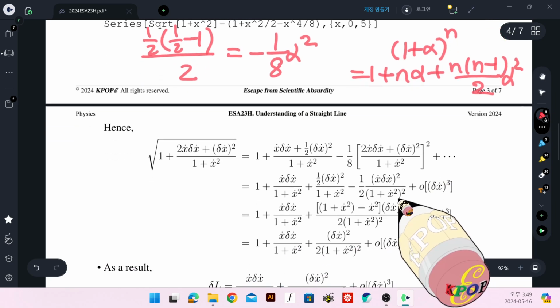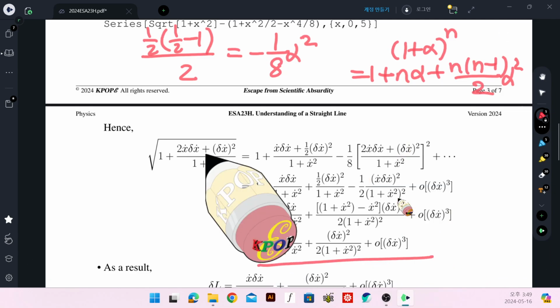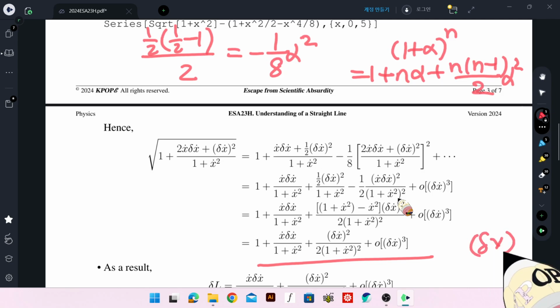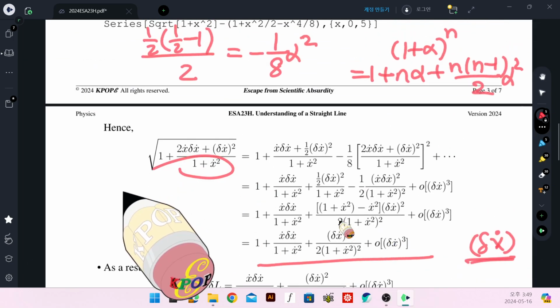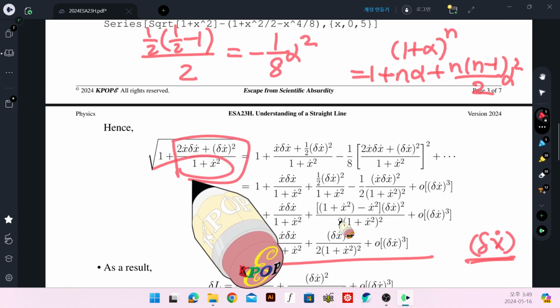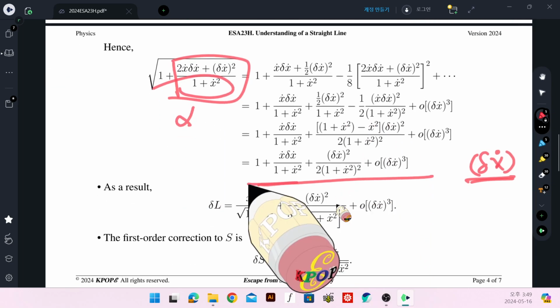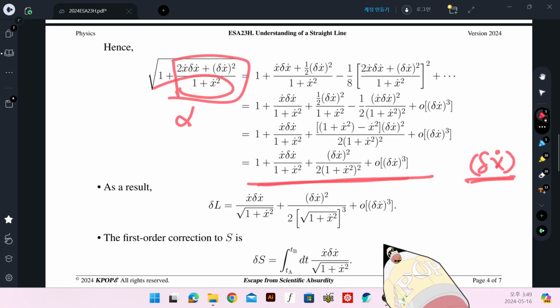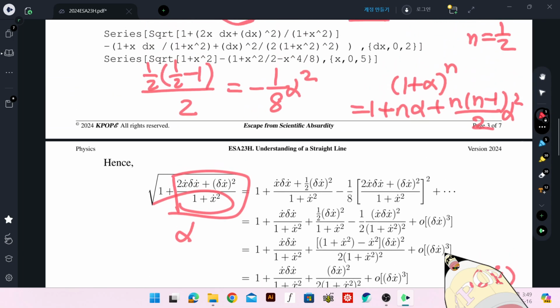Therefore, a tedious calculation gives the result in powers of delta x dot. All right? Because we have this 1 plus x dot squared in the denominator of this whole alpha, we have a little bit complicated form. Anyway, this is what we obtained.